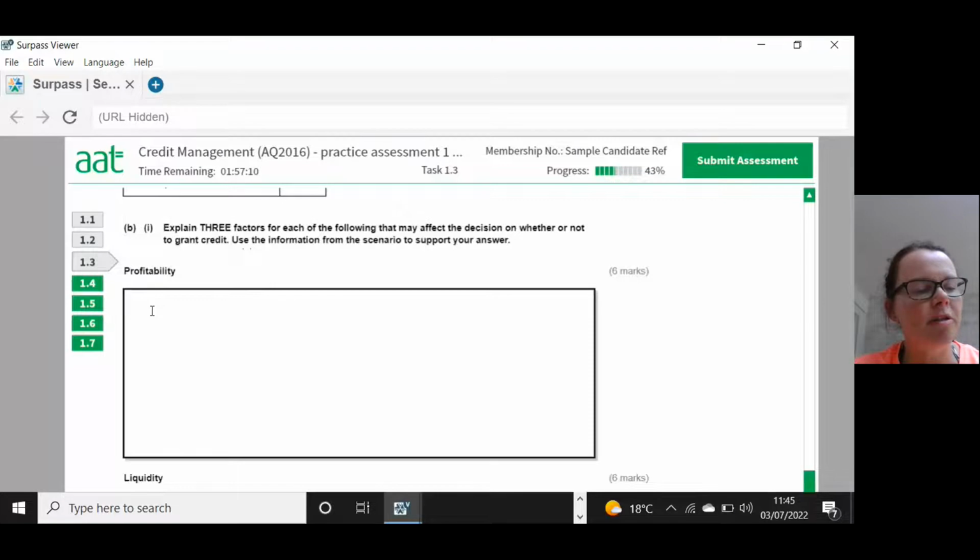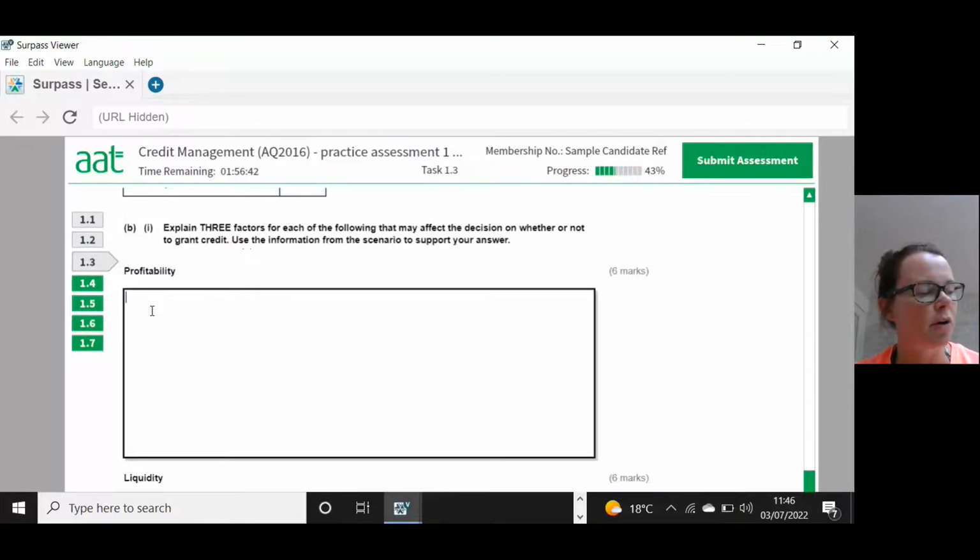So for profitability, I have suggested that you remember that your 3 points, your 3 factors are going to be some sort of statement and explanation around revenue, some sort of statement and explanation around gross profit, that's the actual gross profit figure and the margin, and then the same for operating profit and margin.